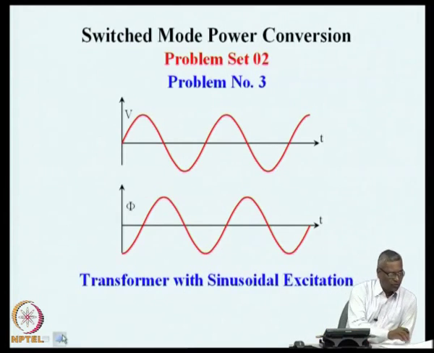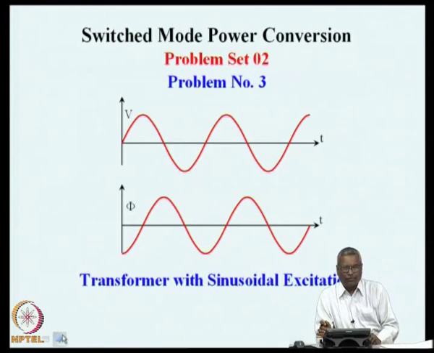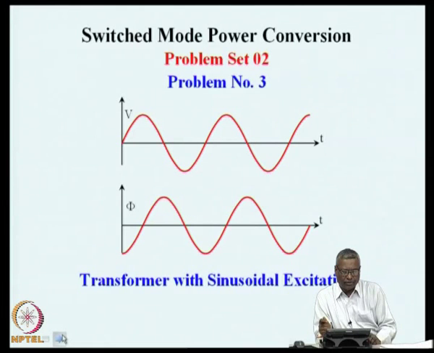Now, we will move on to one or two more problems. We had seen in the theory of inductors, transformers, etc., mostly we were using square wave type of voltage for excitation of a transformer, or square wave for excitation of an inductor, and so on.